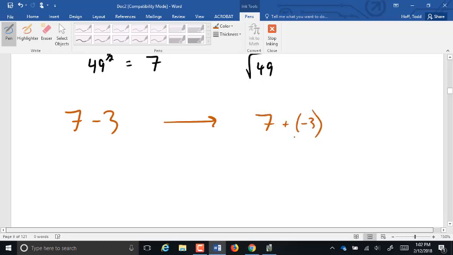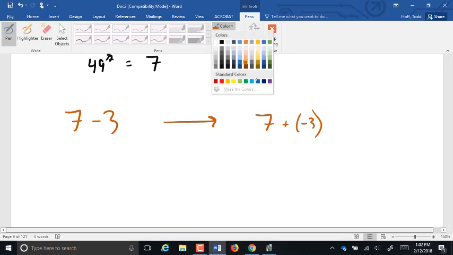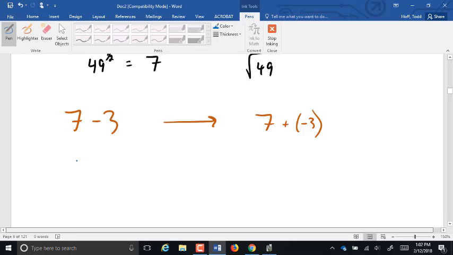Does that look familiar? You could add the opposite. Multiplication and division. We said 8 divided by 2 could be thought of as 8 times the reciprocal of 2, or 1/2. Multiply by the reciprocal. Division is not an operation in itself. It's defined as part of multiplication.